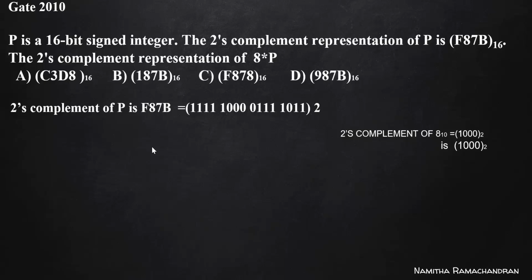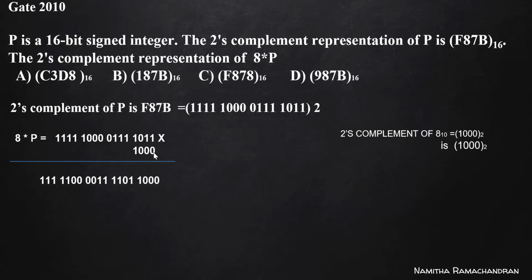Okay, now we can multiply directly this binary form with the 2's complement of 8, that is 1000. Here only single one is present in this multiplier. So the multiplication is very simple. Just appending 3 more 0 to its right hand.